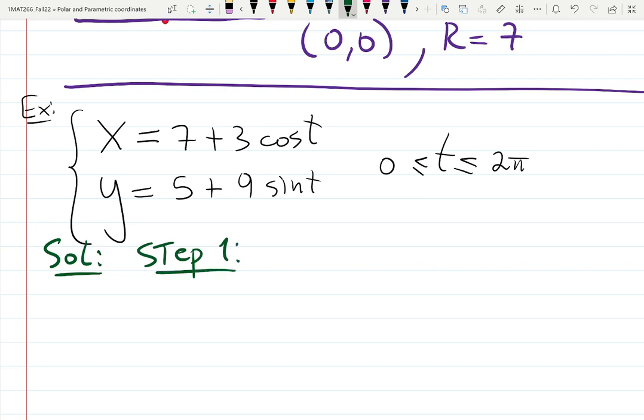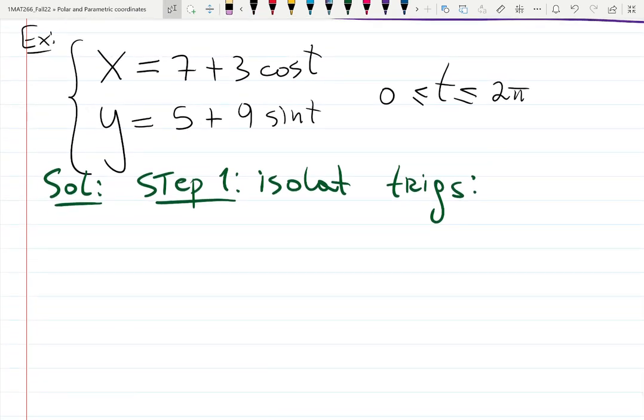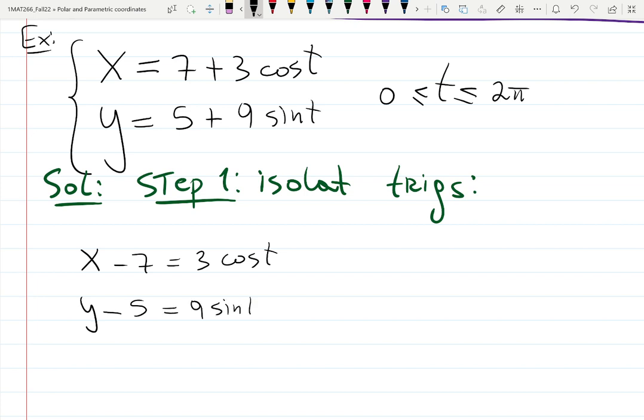Step 1, isolate the trigonometric functions, cosine and sine. This is going to be a pre-step before what we just did. So I will do x minus 7 equals 3 cosine t, and then y minus 5 equals 9 sine t.